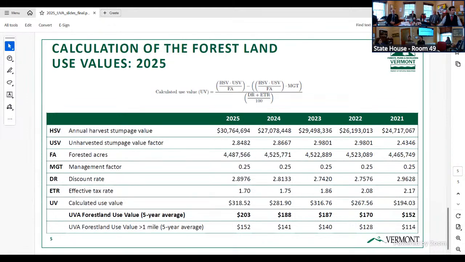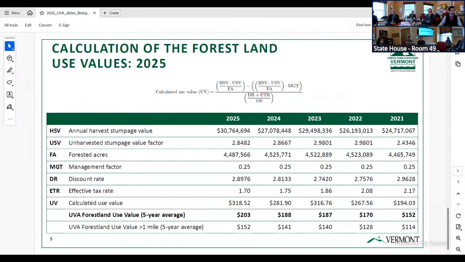We'll acknowledge that during the current use advisory board meetings, the management factor has been discussed. It's been static, as we stated, for a long time. And yet the management costs, development of management plans, dealing with invasive plants, repairing roads following floods, those are costs associated with maintaining and managing forest land that have changed over time.